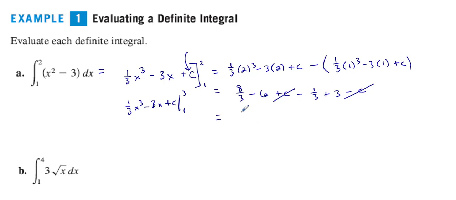All right, would that be 7/3 minus 3? Well, 3 is 9/3, right? So 7/3 minus 9/3 would be negative 2/3. Now, if we just have to evaluate this definite integral, just leave it as negative 2/3.